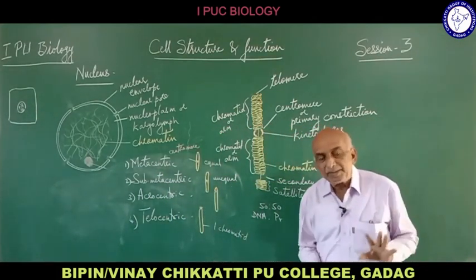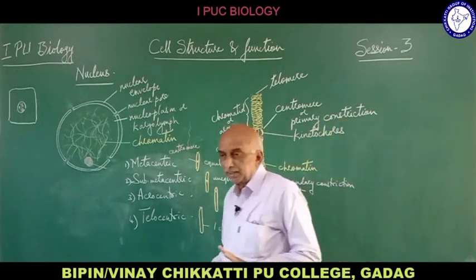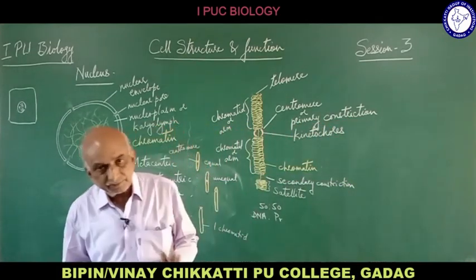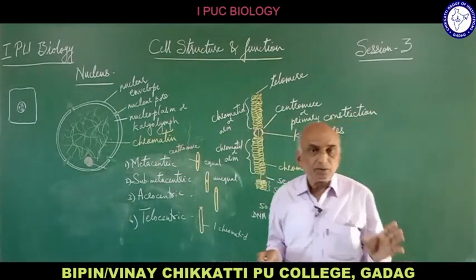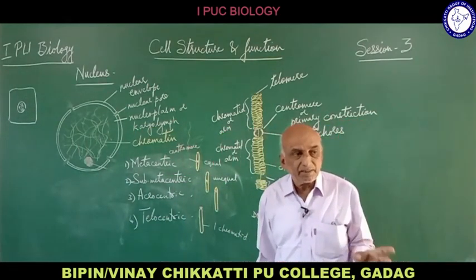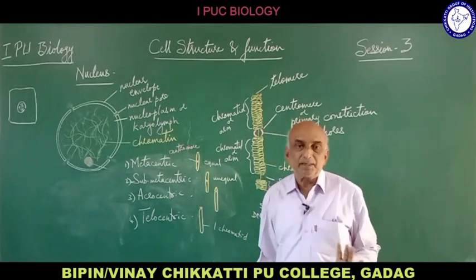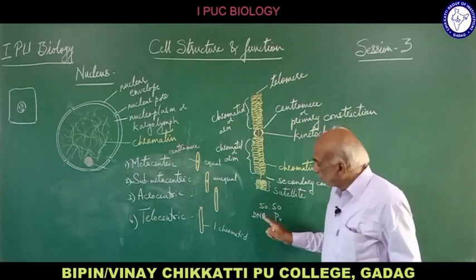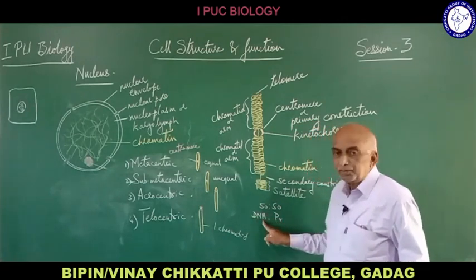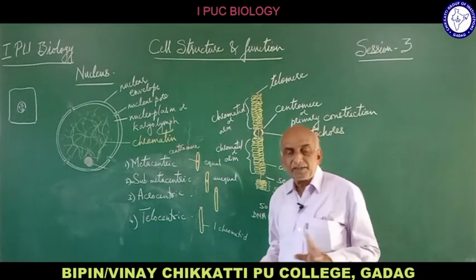So whatever the size of the chromosome, whether small or large, the chromosome contains DNA and protein. What amount of DNA is present, the same amount of proteins is present in the chromosome. So a chromosome contains equal amounts of DNA and proteins, in the ratio of 50:50.